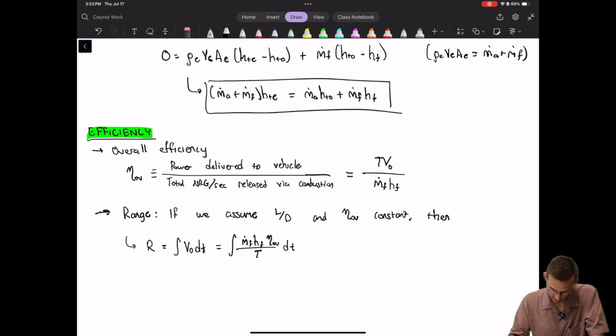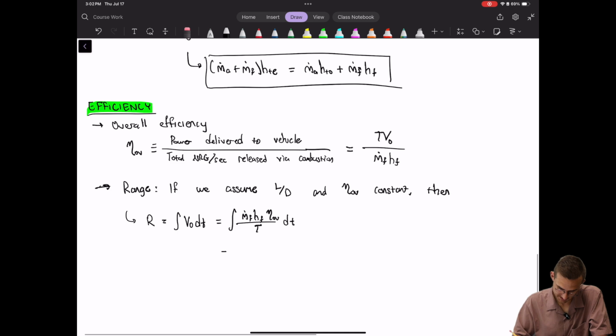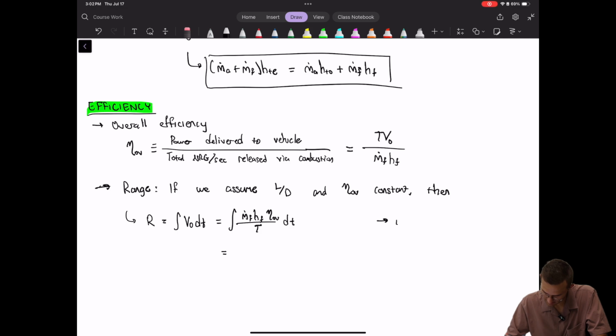We can then rewrite this, because we note that the lift value is equal to the weight, and the thrust is equal to the drag.